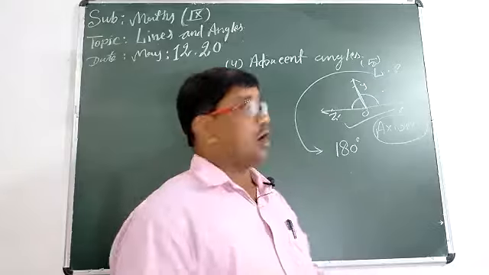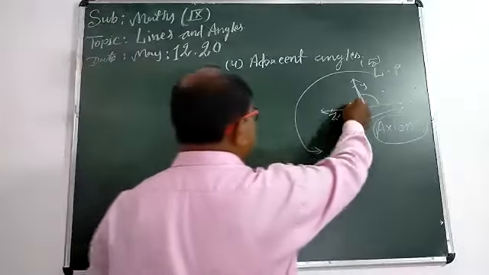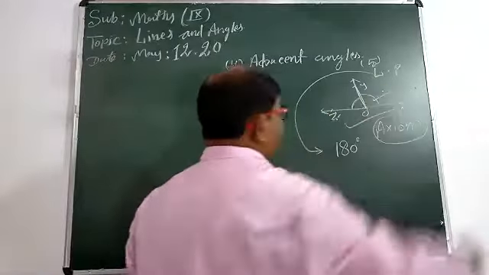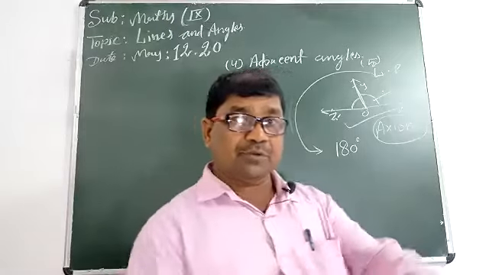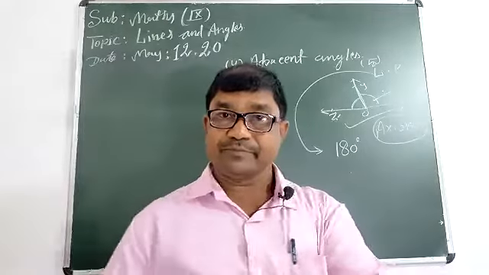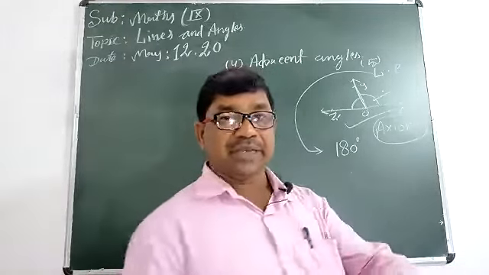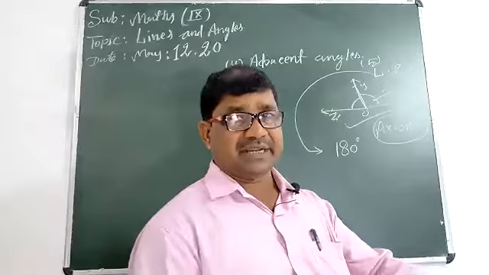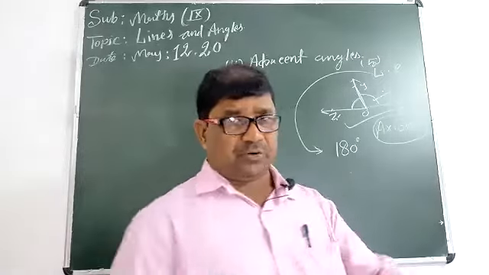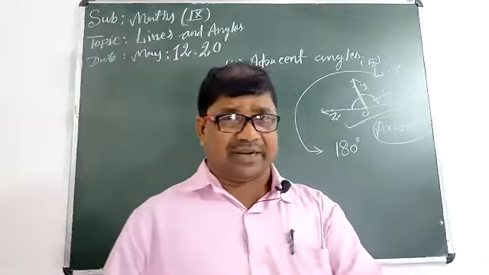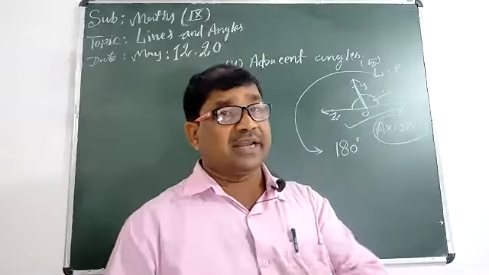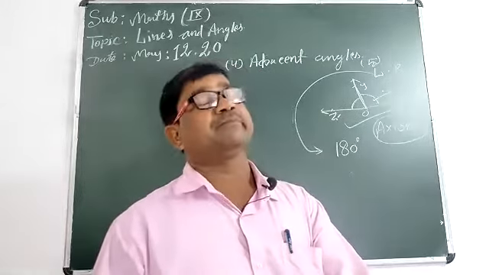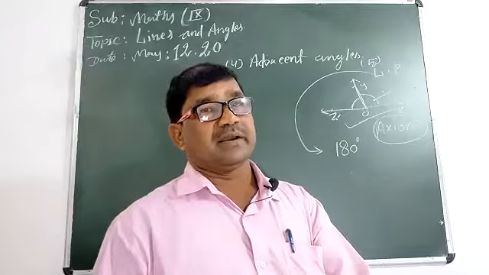If the measurement of one angle is given, and we need the measurement of the other, we will take help from Euclid's axiom. The sum of two adjacent angles is 180 degree, then that type of pair is called linear pair axiom. Understood?